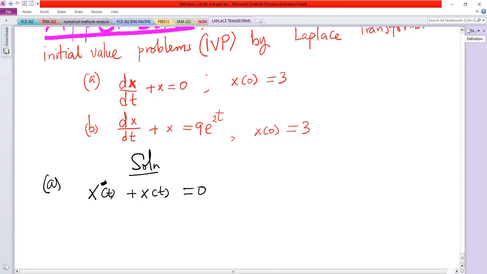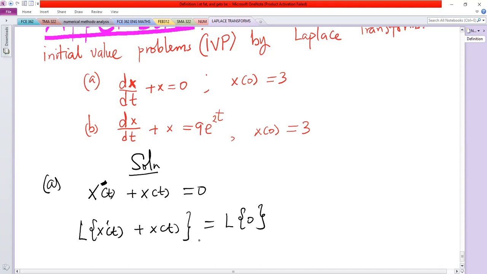Now, taking the Laplace transform on both sides of this equation, you have the Laplace transform of x'(t) plus x(t) equals the Laplace transform of 0.